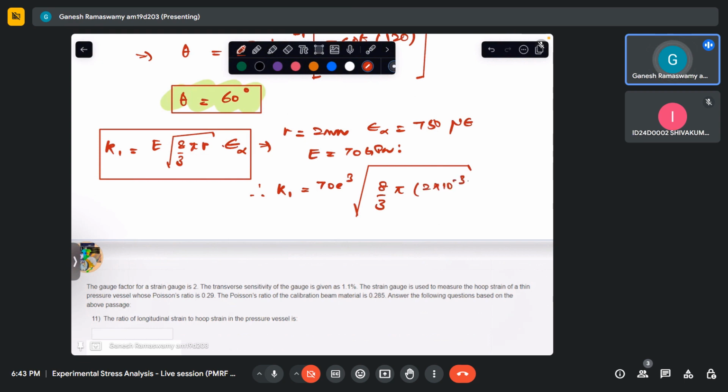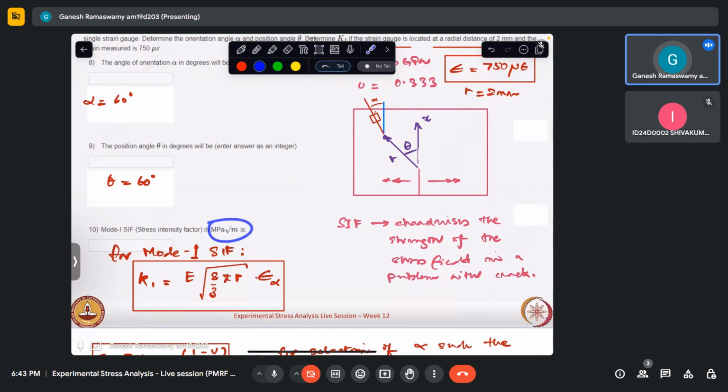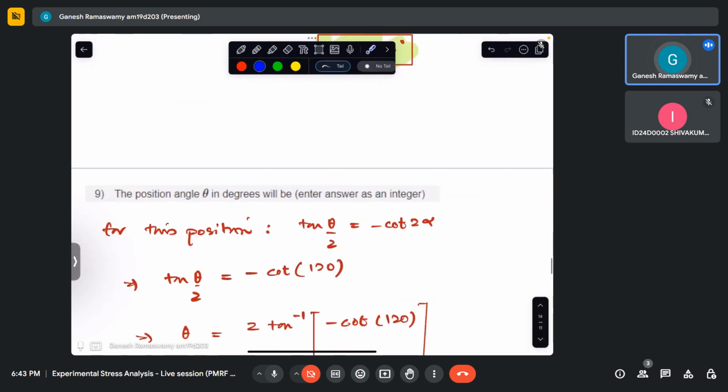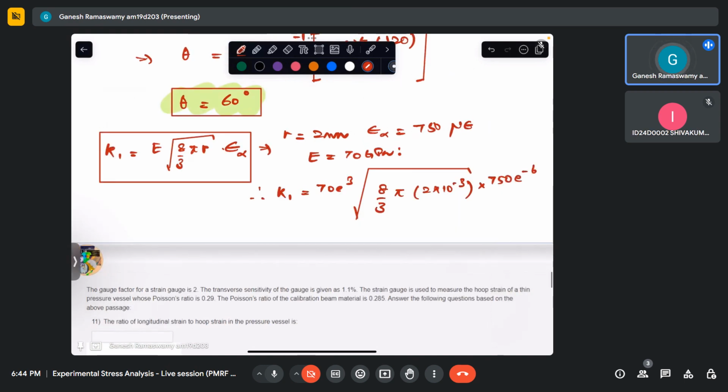So I'm just using consistent units because in the question it is asked, SIF is asked in MPa root meter. So I'm just substituting in consistent units. This into 750 microstrain. So what does this come out to be?